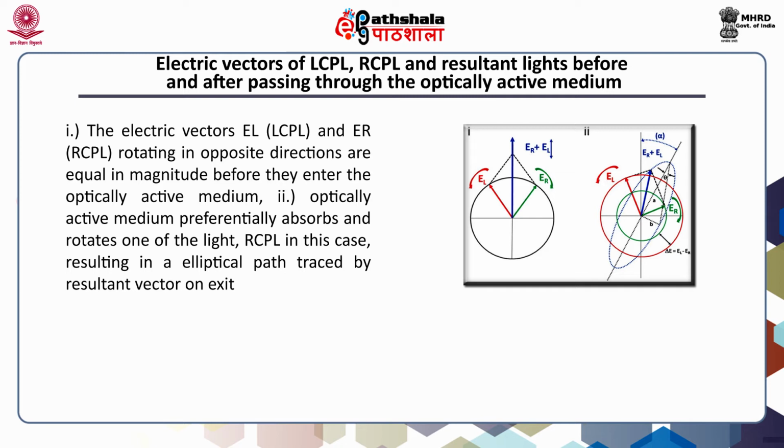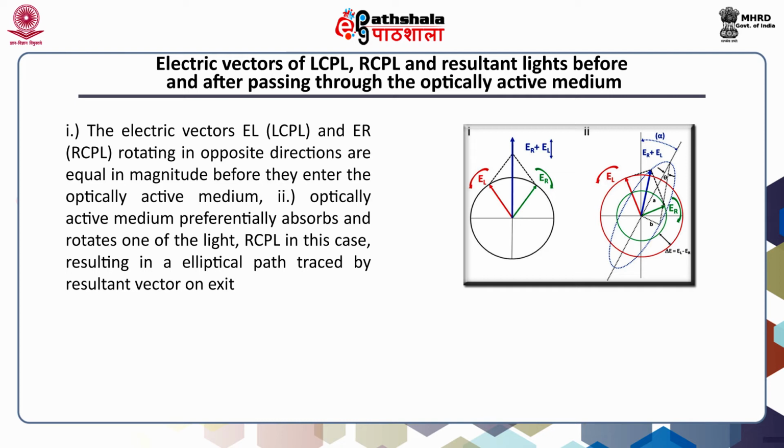The difference in the extinction coefficient and ellipticity are related quantities, and their relation will be shown at a later stage. The figures shown are the same which I showed in previous animations at the two ends, that is, at the incident and emergence windows. The panel on the left side shows EL, the electric vector of LCPL, rotating in an anti-clockwise direction.